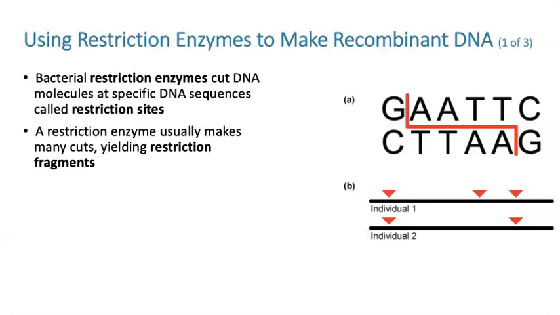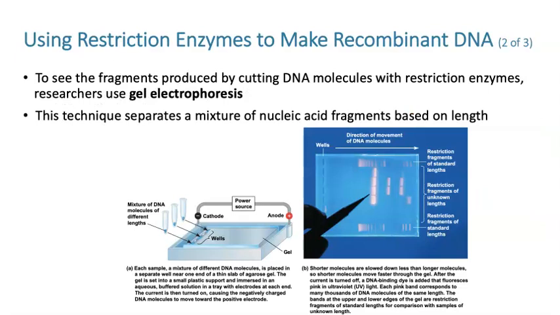And that also is very useful when doing genetic engineering. So if you have a bunch of different fragments cut up from DNA and you put them into a gel, you can do something called gel electrophoresis. And we're going to be doing that in lab. So this is a gel.